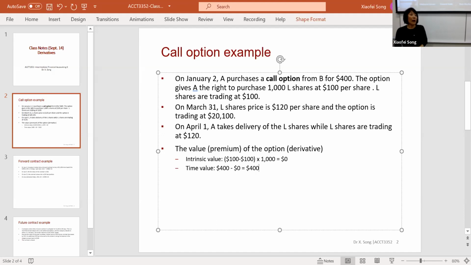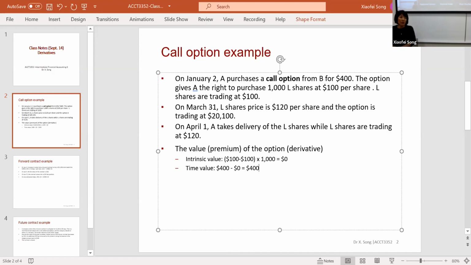Okay, as the time goes by, the L share value, if it increases, then this option would have intrinsic value. Using it will have benefit. So that's the idea. Okay, now what happens if the L share price goes down?